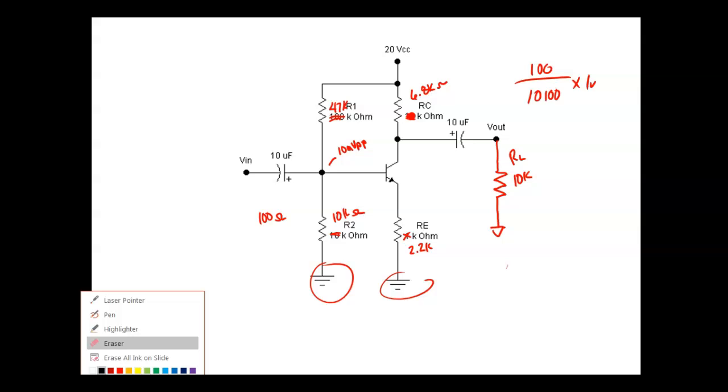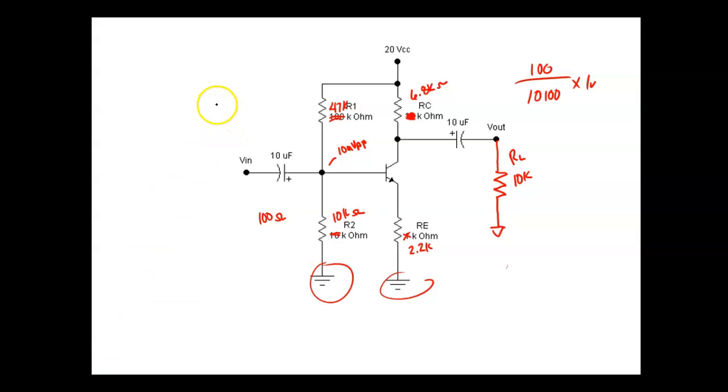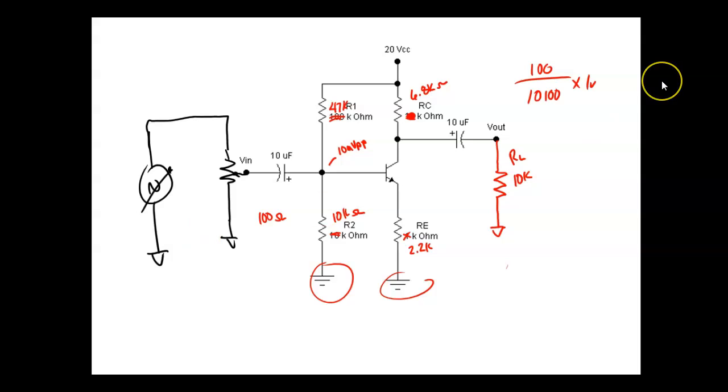We're going to modify the circuit: take our function generator, which is the trainer, it's variable, and run it through a potentiometer instead of a fixed resistor. So I'm running to a 10K pot. Now I can set any voltage I want.